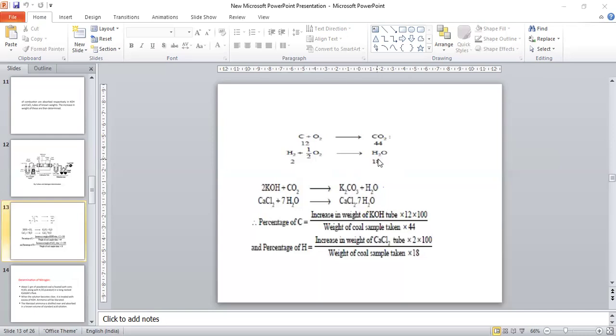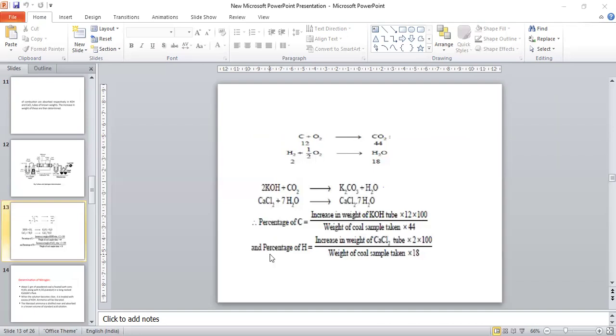That can be calculated on the basis of this formula. Percentage of carbon is equal to increase in weight of potassium hydroxide bulb by weight of coal sample taken, into 12 by 44, into 100. This is the formula to determine the percentage of carbon.